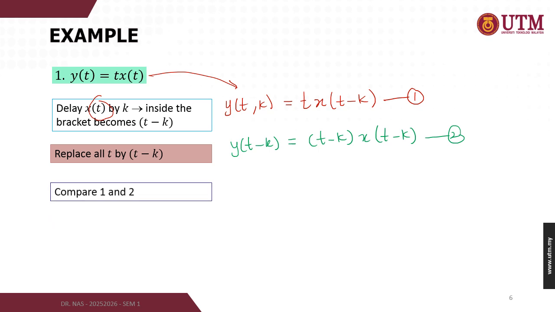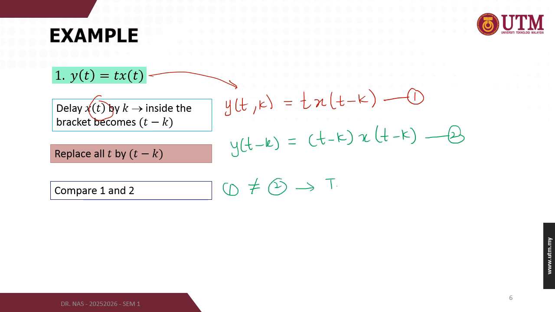The third step, you need to compare 1 and 2. If it is equal, then the system is time invariant. If it is not equivalent, the system is time variant. In this case, we can see that 1 is not equal to 2, so the system is a time variant system.